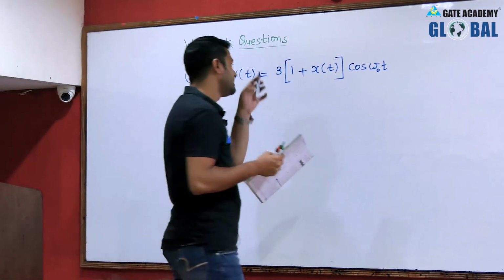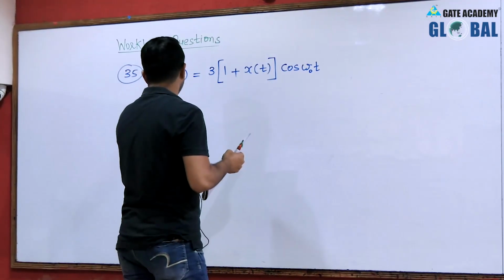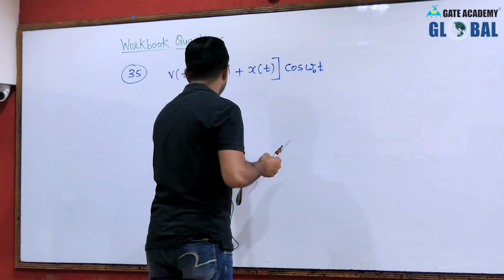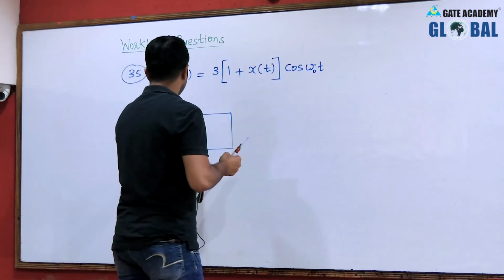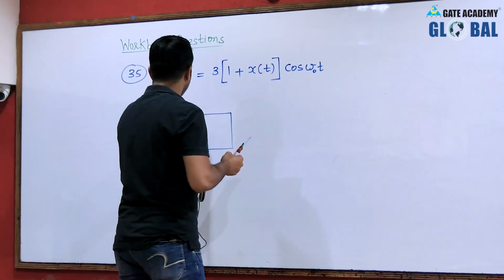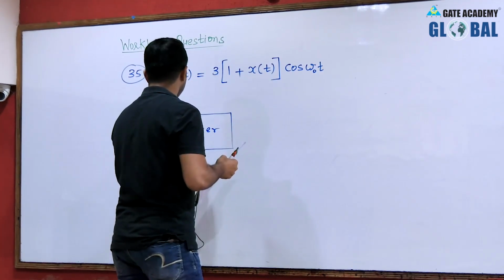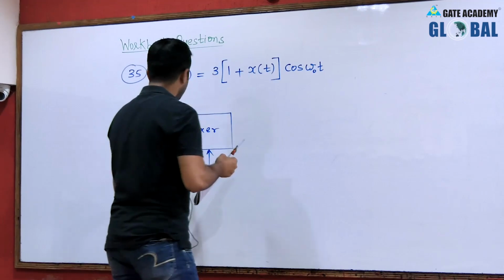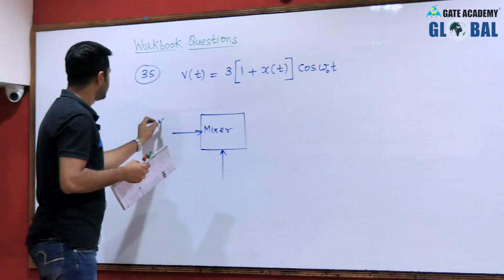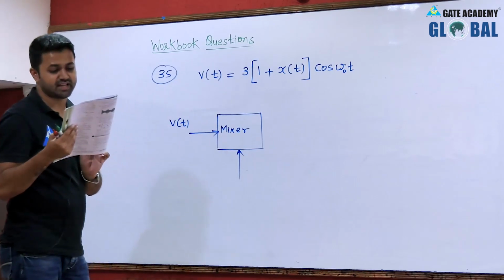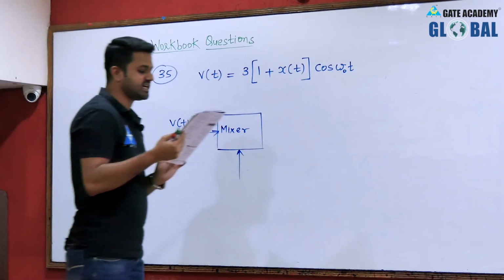So, we know that in a coherent detector, we first multiply the input with the same carrier. As a mixer or multiplier you can use this. The input is V of t, and it is given that the locally generated carrier has amplitude 1 and a phase error of 5 degrees.